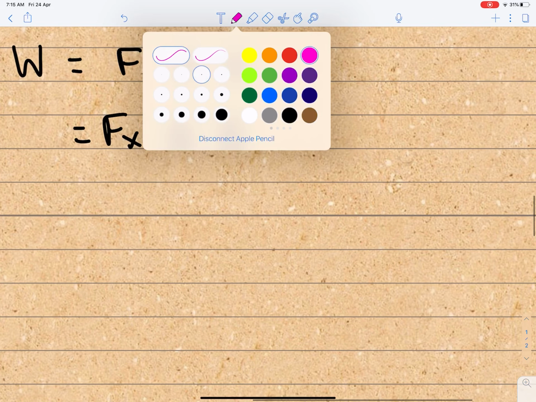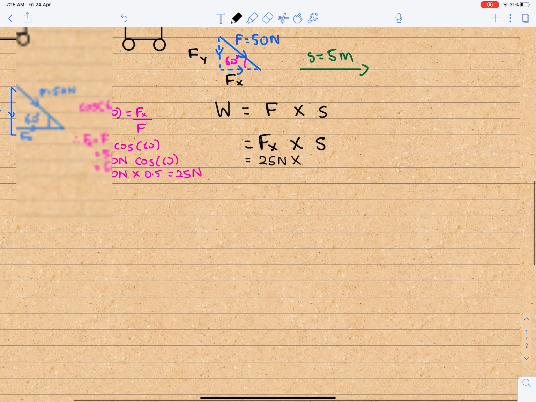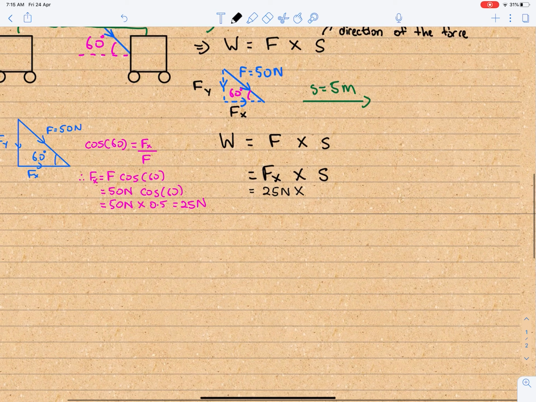So our force in the X component is 25 Newton times displacement of 5 meters is equal to 125 Newton meters, or 125 joule.